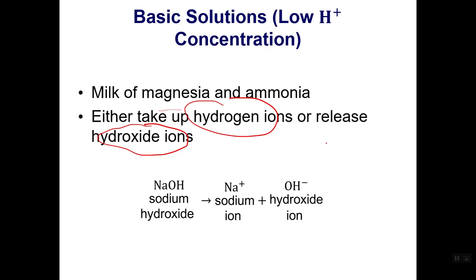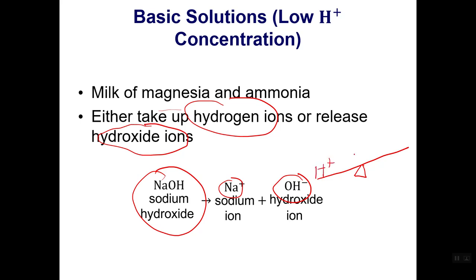So overall, increasing hydroxide ion concentration or decreasing hydrogen ion concentration. For example, sodium hydroxide. We have a sodium atom and a hydroxide ion. So in our little scale, our teeter-totter, seesaw, we'll have relatively low numbers of hydrogen and high numbers of hydroxide as a basic solution.